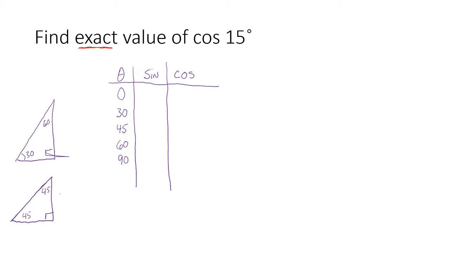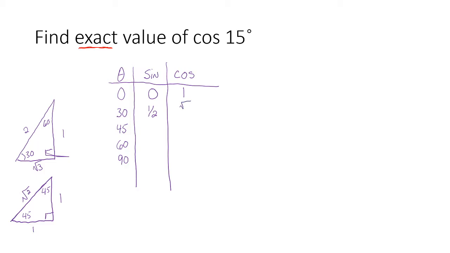So if we did that, we have 1, 1, square root 2, and 1, square root 3, 2. We learned that the sine of 0 was 0, and the cosine of 0 was 1. With 30, we had the sine of 30 being 1/2.